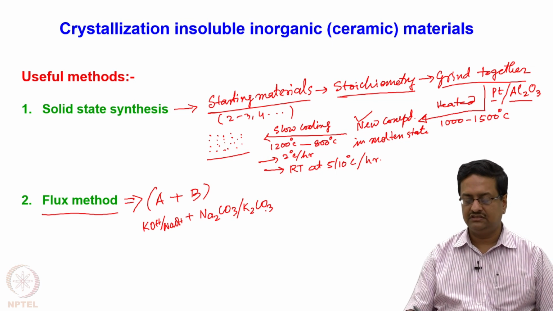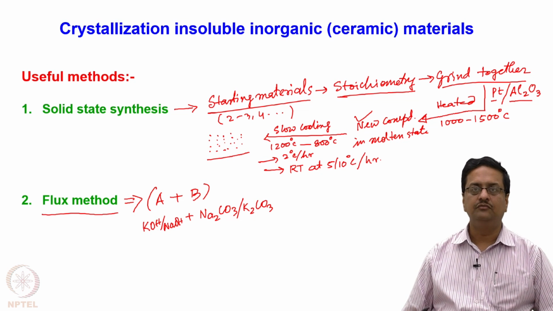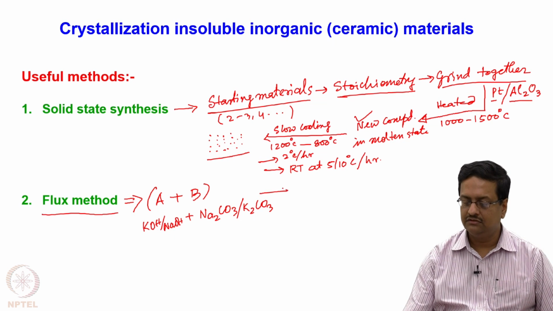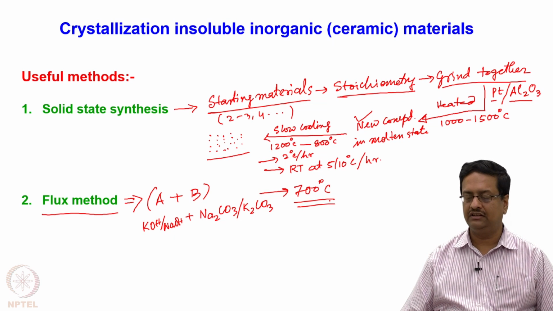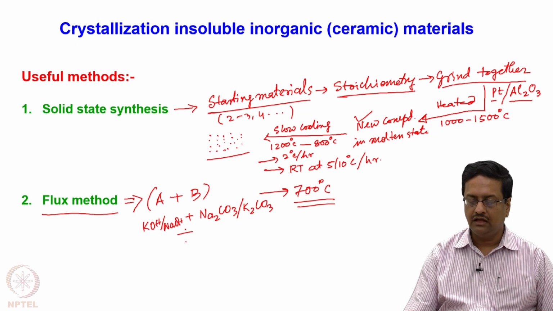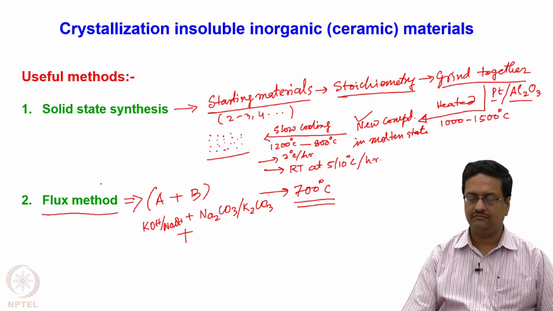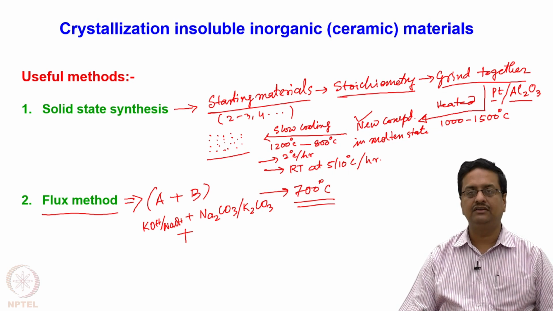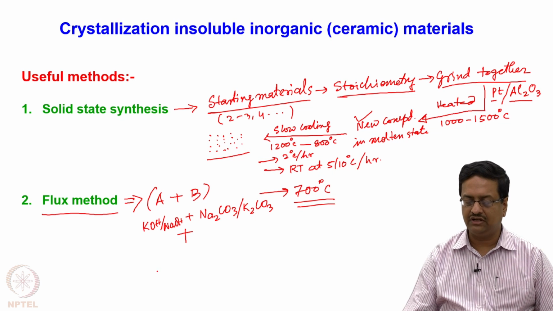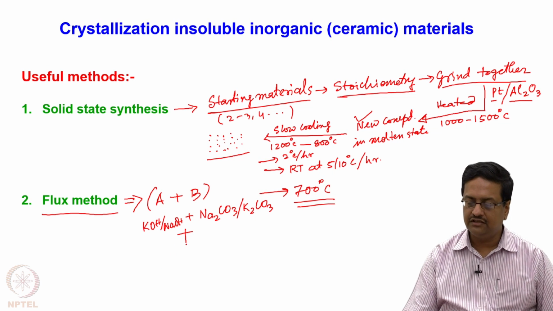This particular mixture melts at about 700 degrees centigrade. So we take the same set of starting materials along with the flux material, that is a mixture of potassium or sodium hydroxide with potassium or sodium carbonate, and then heat it to about 700 degrees centigrade.